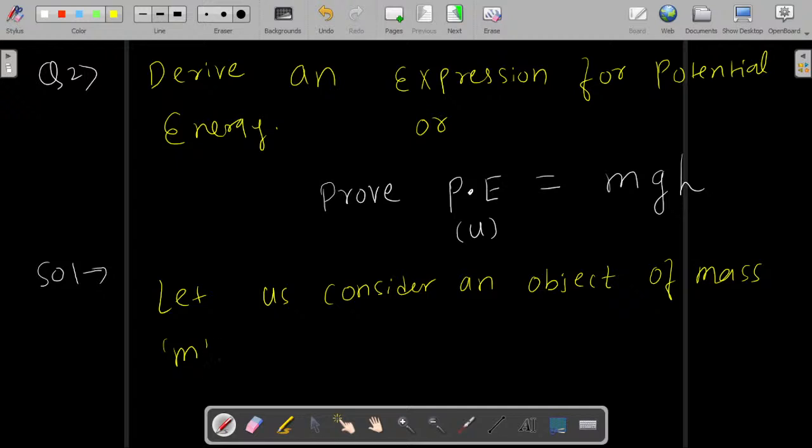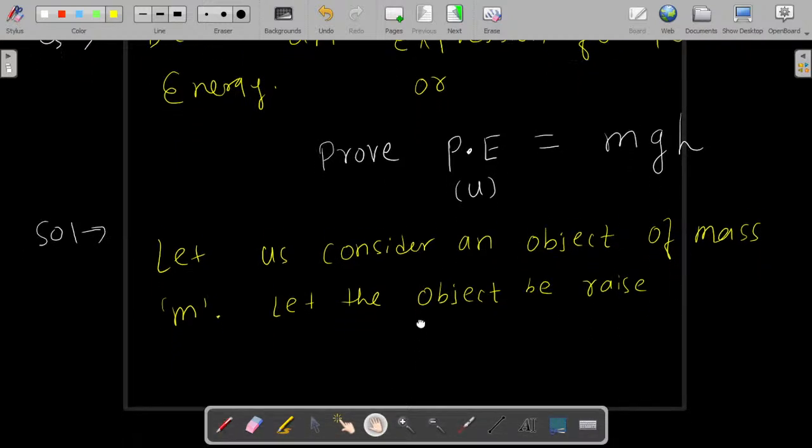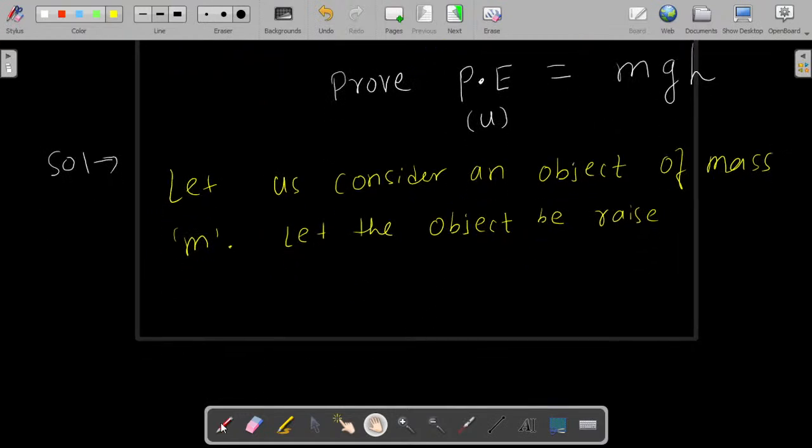Let the object be raised to a height small h from the ground.